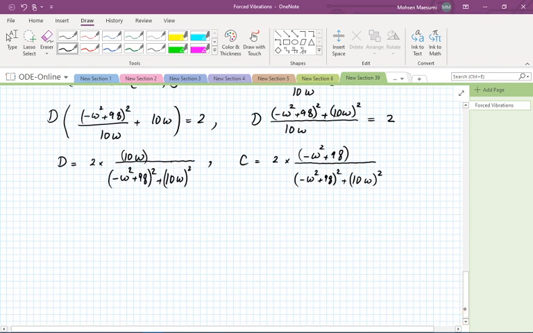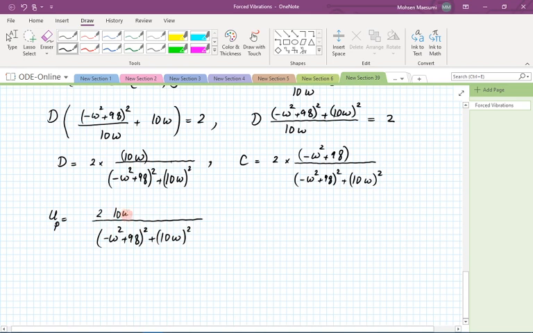So what do we have by now? What we have is our particular solution. Particular solution, remember, it was C cosine plus D sine. So what I might as well do to clean things up, factor this 2, which is common. This denominator is common. So I'm going to write the common factor 2. This denominator is for both of them, minus omega squared plus 98 squared plus 10 omega squared. This is a factor of 2.